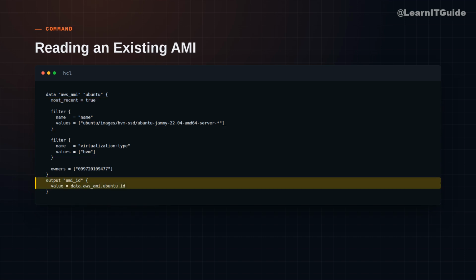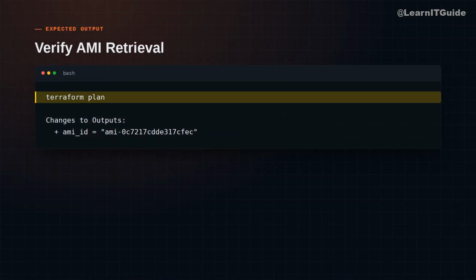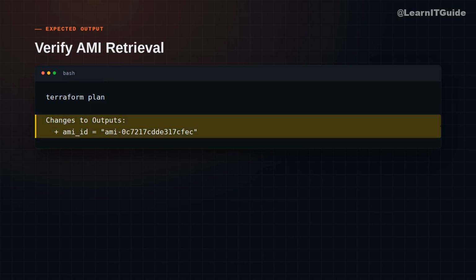Finally, lines 16 through 18 output the retrieved ID so you can confirm it is working. This is much safer than hard-coding an AMI ID that will expire in a few months. When you run the plan command, Terraform will connect to the AWS API. You will see the plan output showing the output variable AMI ID populated with the correct current image ID from the cloud.